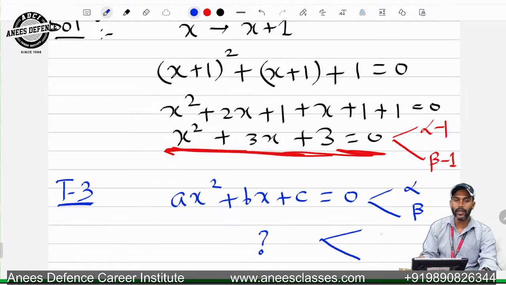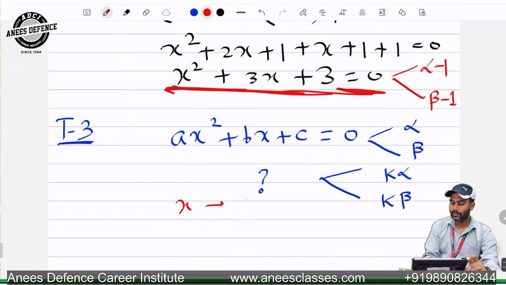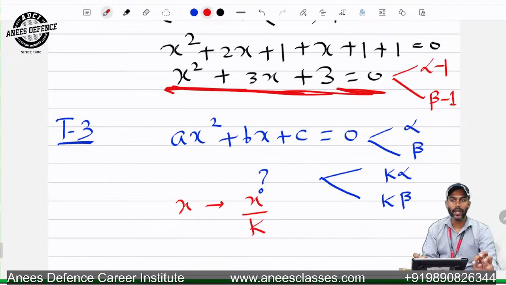We have to find out the equation of which roots are k times alpha and k times beta. Now you already know what we have to do. We have to just replace x by x by k. Since you have multiplied, you need to divide this time.